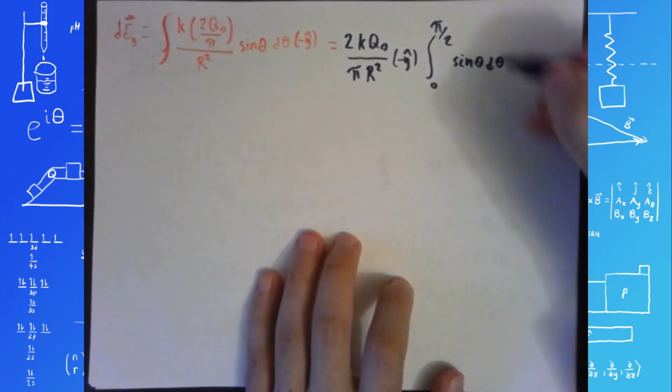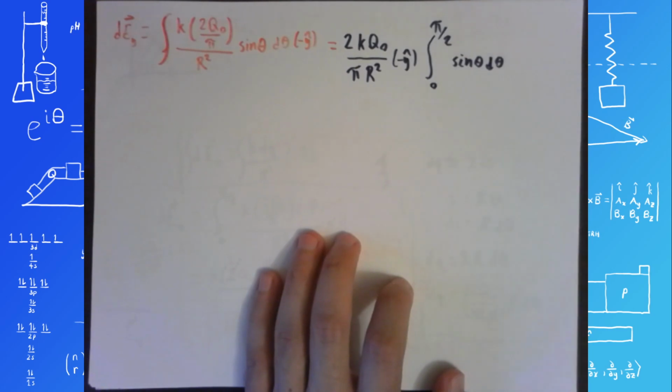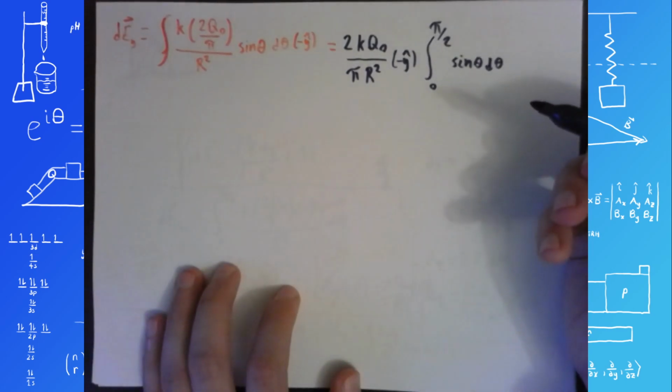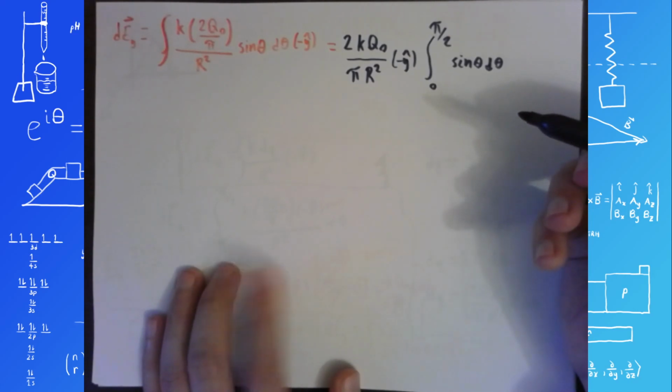The integral of sine theta is negative cosine of theta. A lot of people forget the negative. Let's make sure we don't add to that statistic.